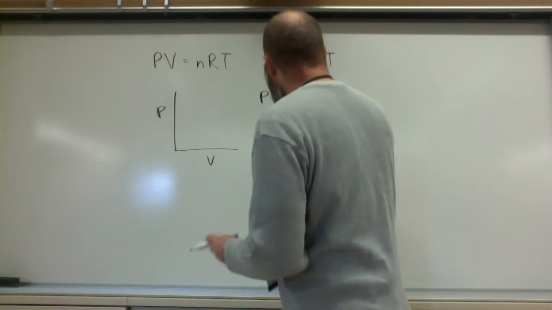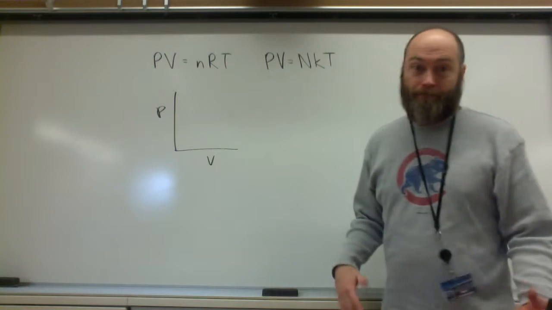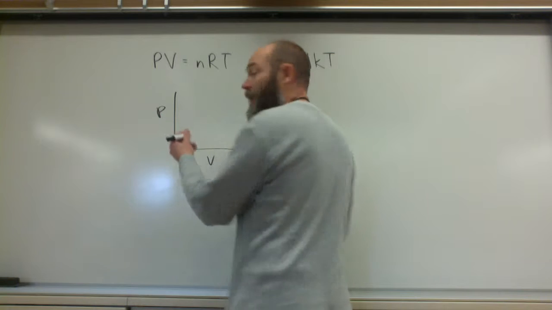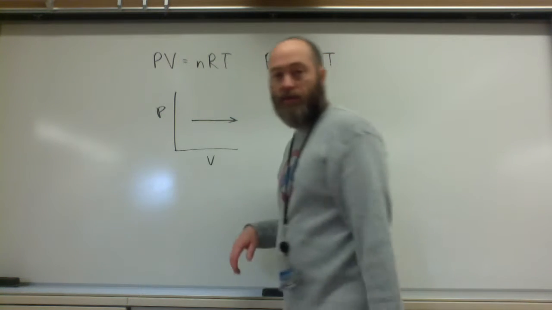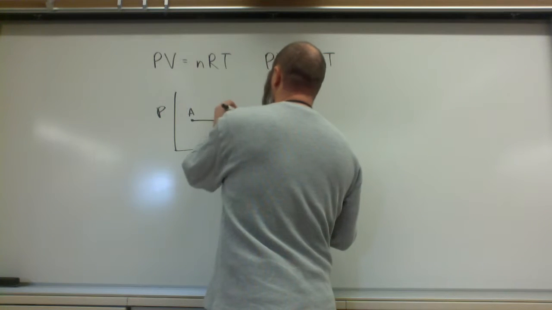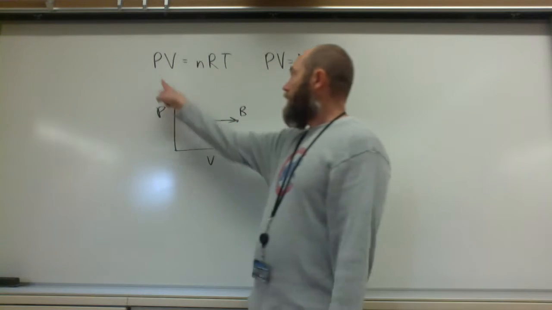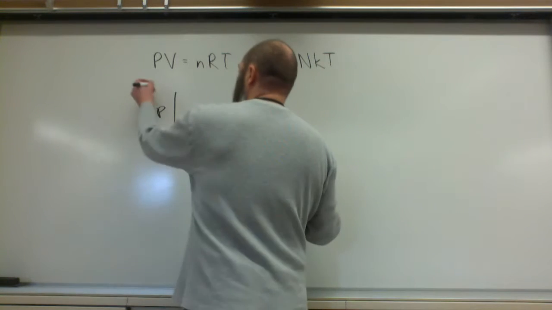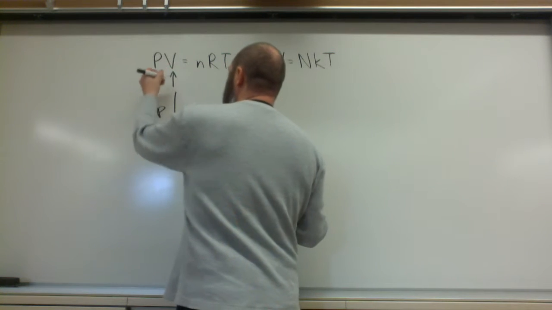But make sure that you guys can do things like this, okay? A lot of stuff you have to be able to do is this. If I have a process that goes from point A to point B, well, what's going to happen to the temperature? If you take a look here, my pressure is constant, my volume is increasing.